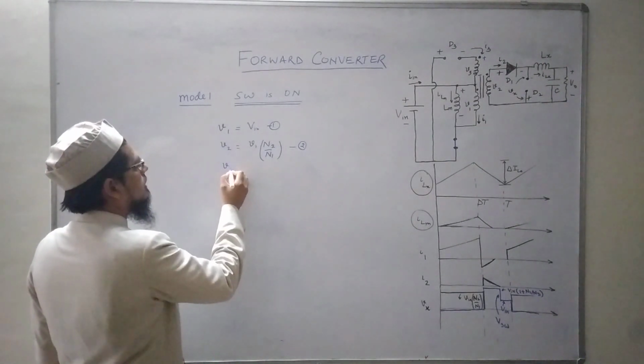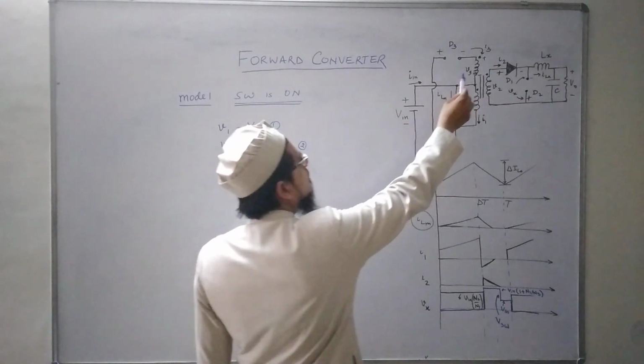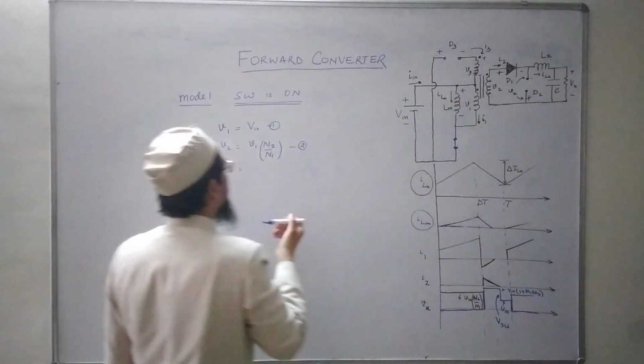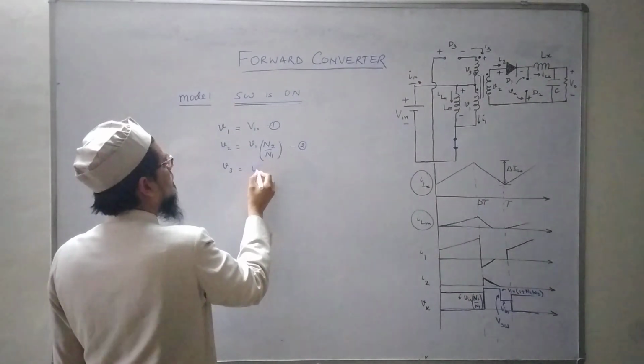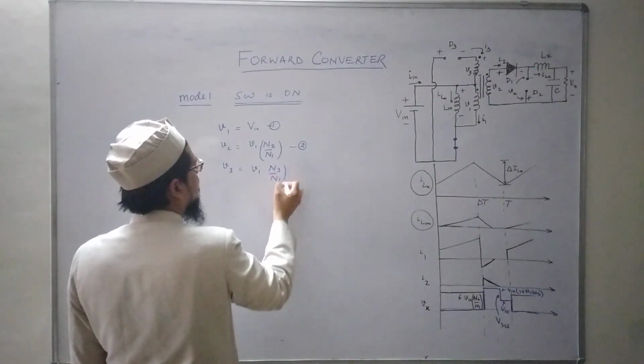What about V3? V3 could be given, in terms of V1, as N3 by N1.